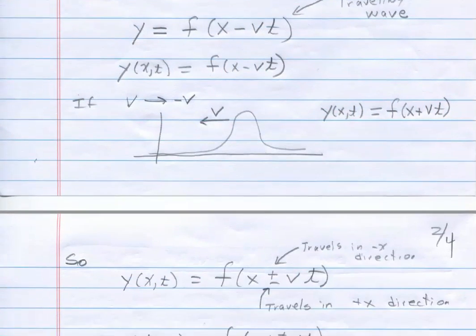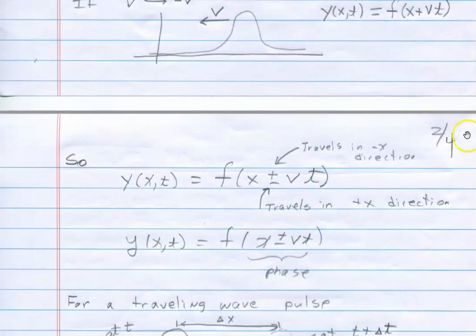Usually I'll lump those together. Whatever this function is, it just has to be twice differentiable, at least as far as we're concerned in this class. It travels. If I choose the minus sign, the wave is moving in the positive x direction, and if I choose the positive sign up here, it's moving in the minus x direction.